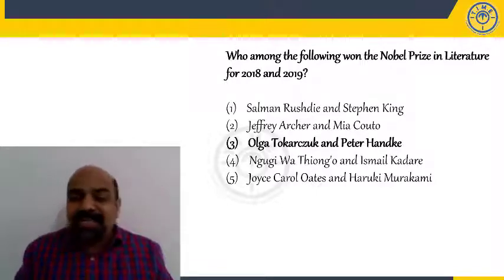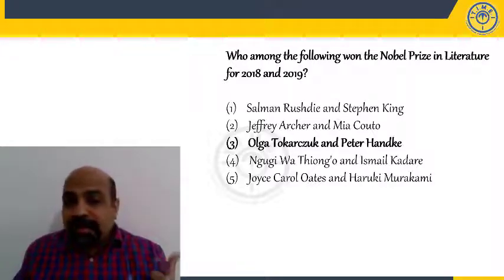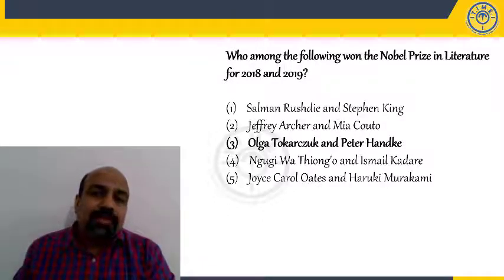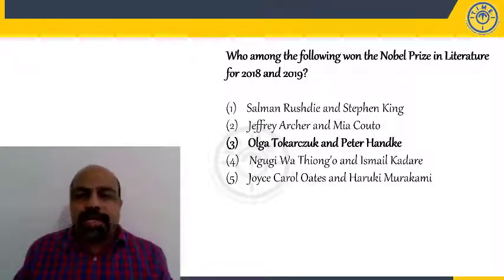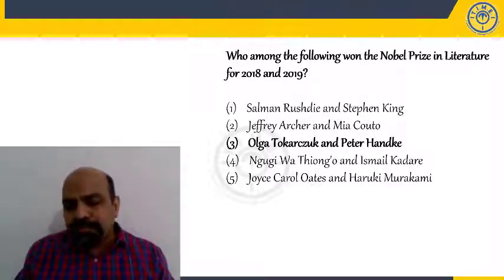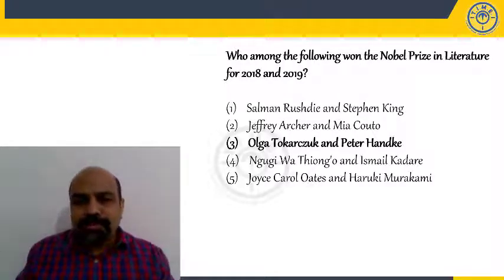But this guy, Olga, I have known her for some time. The second book, which I'm fascinated by, I found the title very beautiful: A Sorrow Beyond Dreams. Sorrow, S-O-R-R-O-W. A Sorrow Beyond Dreams. Amazing title, no?